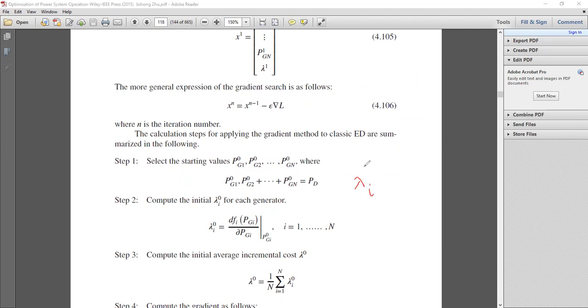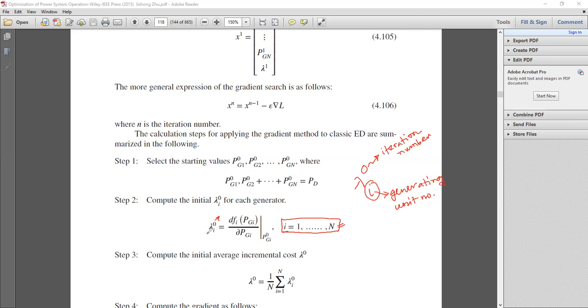Lambda I 0, the superscript here is basically the iteration number, and the I here is the generating unit number. So I goes from 1 up to n, where n is the number of generating units, and the 0 is the iteration number.